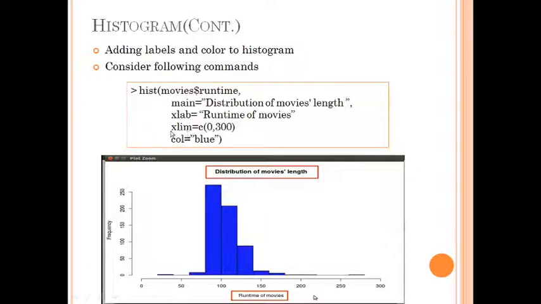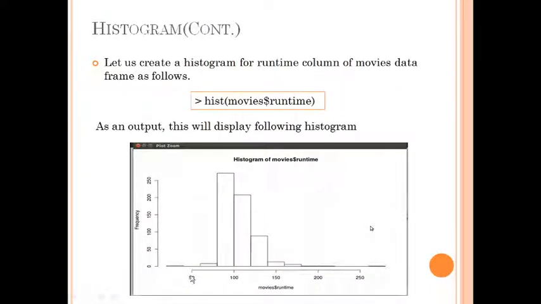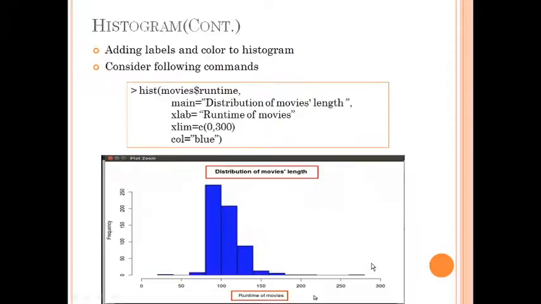Now xlim stands for x limit, wherein we can give the range of these values on the x-axis. Like in the previous case we had from 50 to 250, but our data was going beyond that limit, so we increased the limit from 0 to 300.